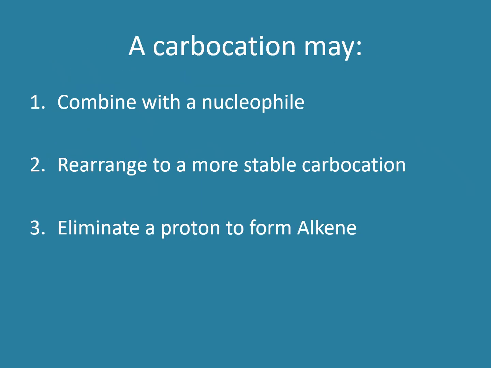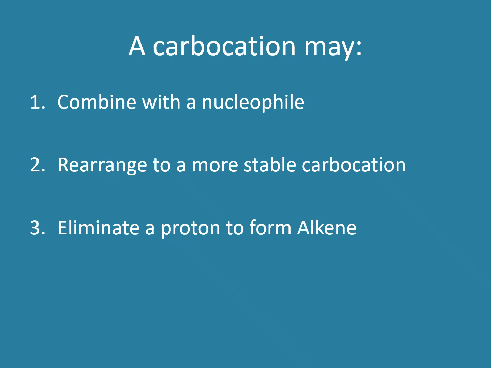When the carbocation is formed in the first step, this carbocation may combine with a nucleophile, that is a possibility, or it can undergo rearrangement to form a more stable carbocation, or there is elimination of a proton by reaction with a base to form alkenes. Other options are also there for this carbocation.